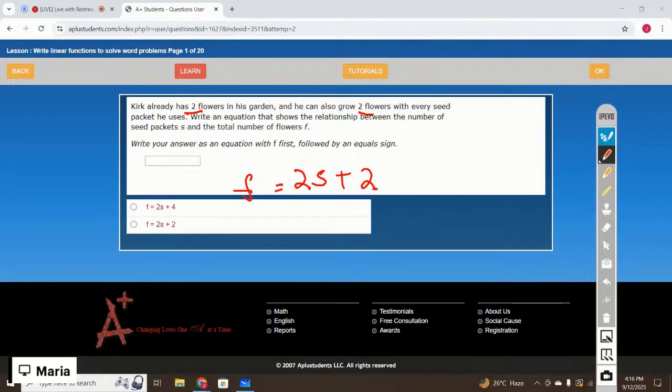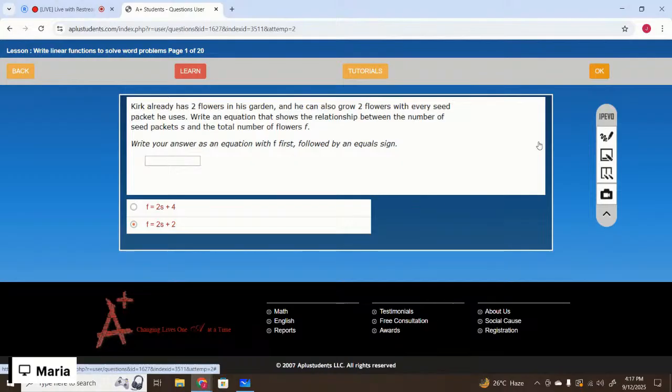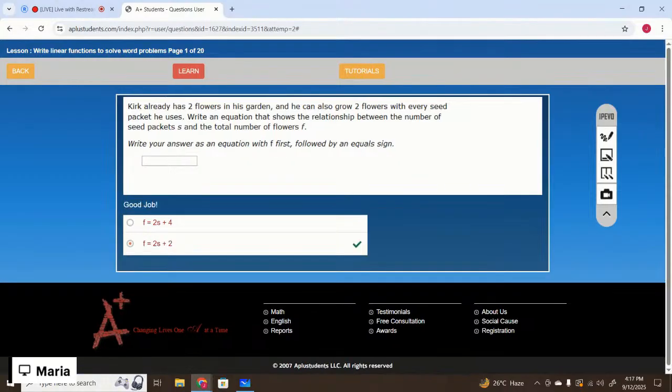You need to use the equation given in the question. That is F equals 2S plus 2. Option number 2 is the correct option.